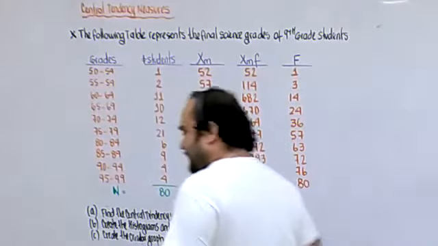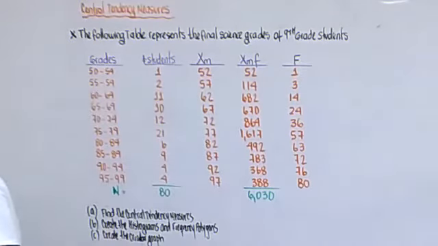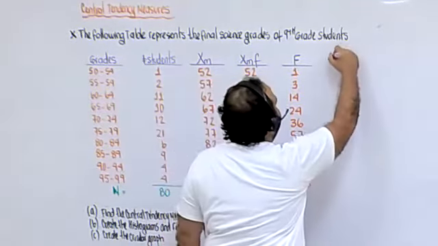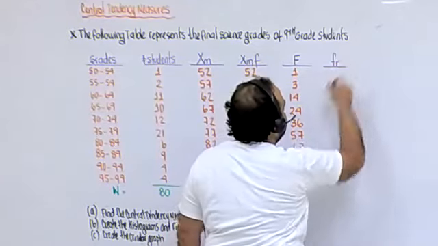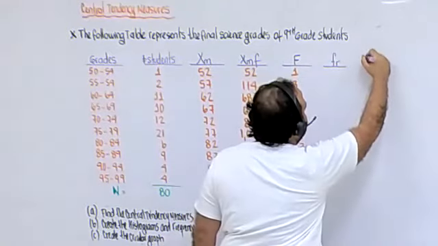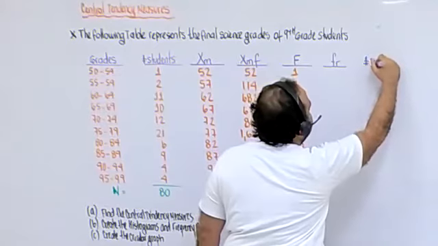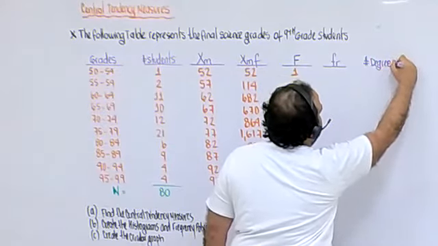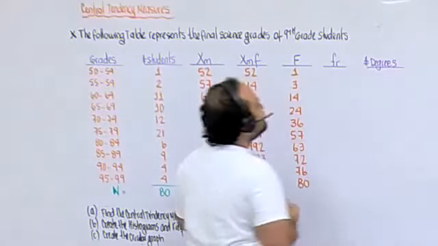Relative frequency and number of degrees. Exactly, the relative frequency and the number of degrees, right? So the relative frequency and the other one will be the number of degrees.